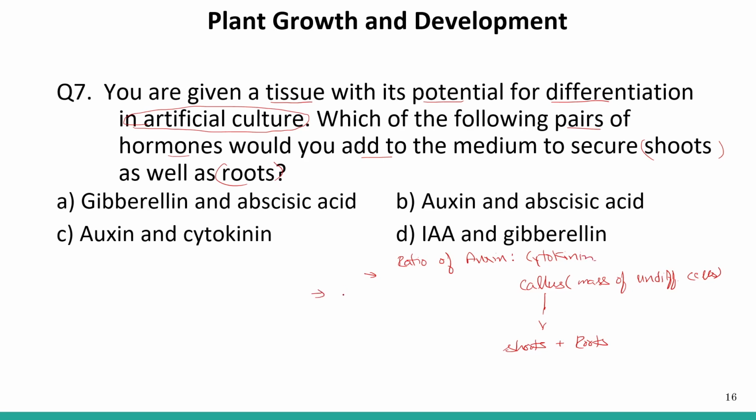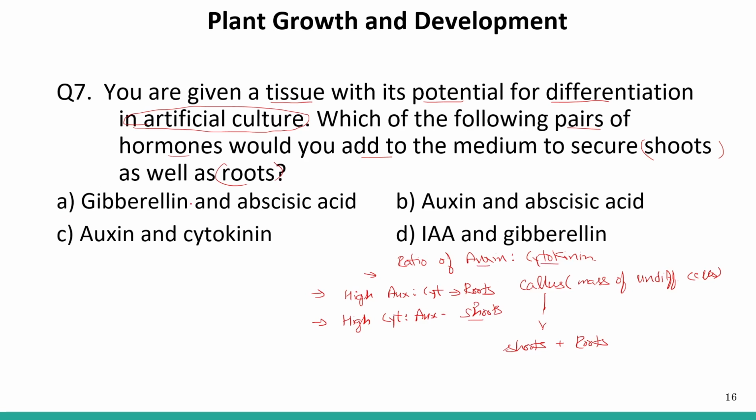Now, if there is a high auxin to cytokinin ratio, then what happens? Roots are developed. If there is high cytokinin to auxin ratio, then shoots are developed. So in general, both auxin and cytokinin are required.